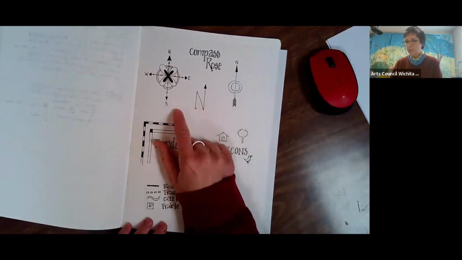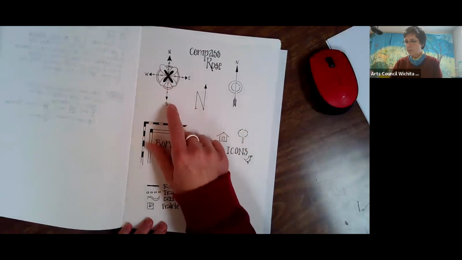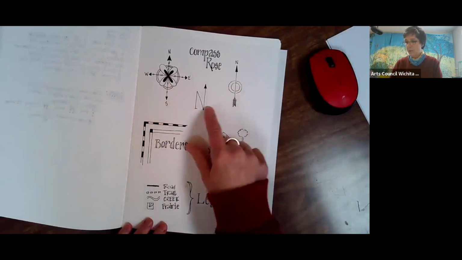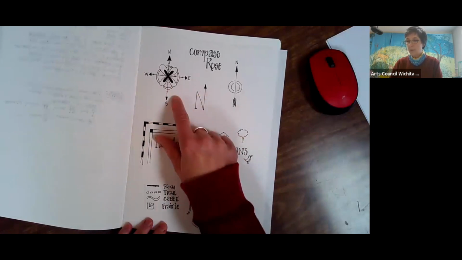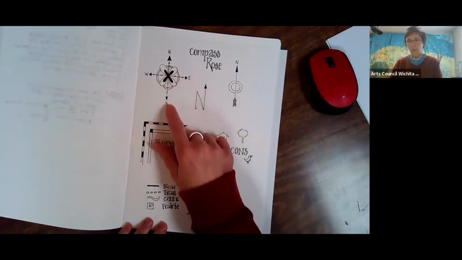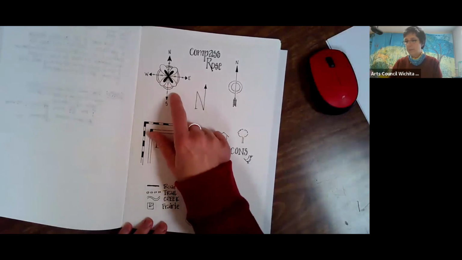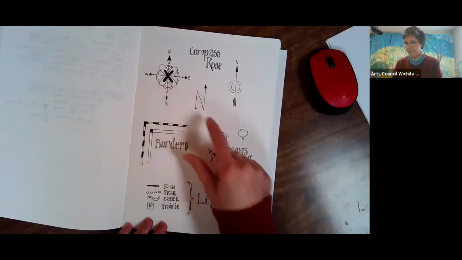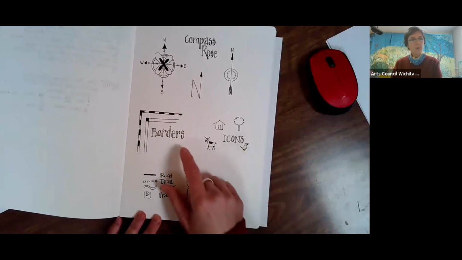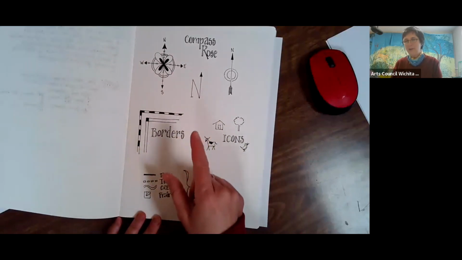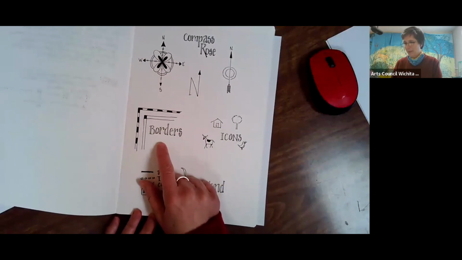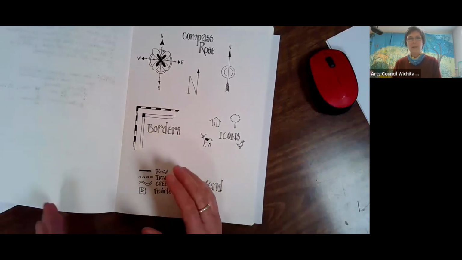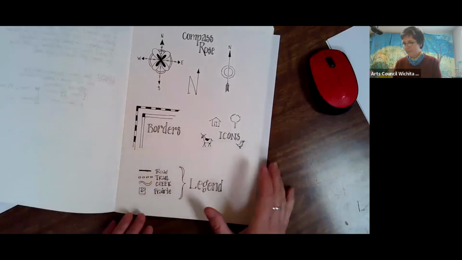And a compass rose can be anything from something very simple like that, just an arrow that shows north, or it can be really ornate and pretty, and you can put a lot of artwork into it. And that would show north, south, east, and west. Most maps also have a border, and those can be simple, those can be fancy. You just need someplace for everything to stop.